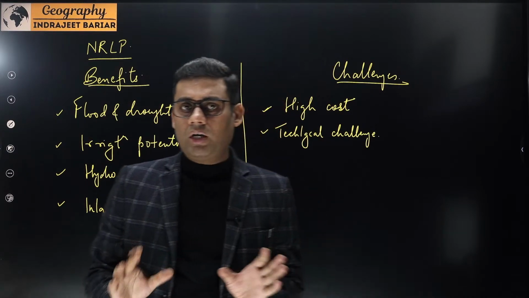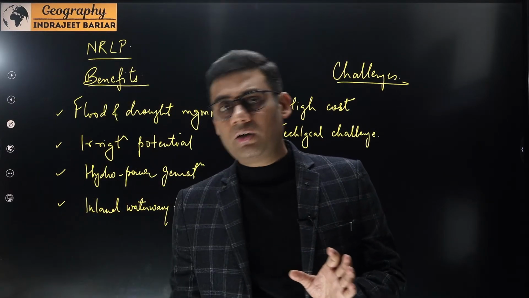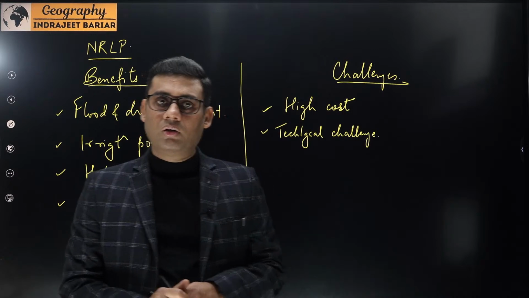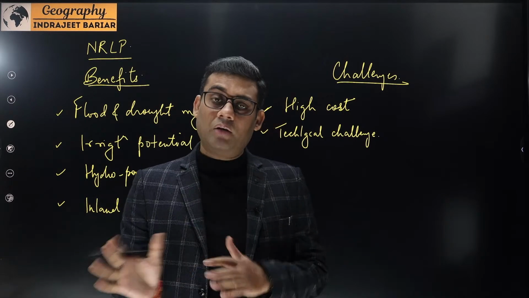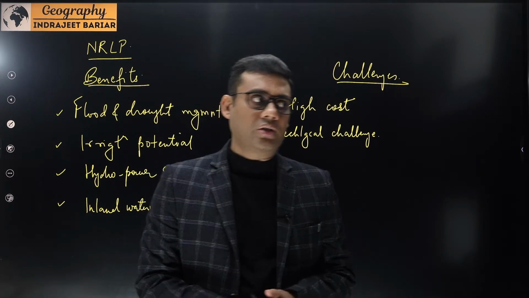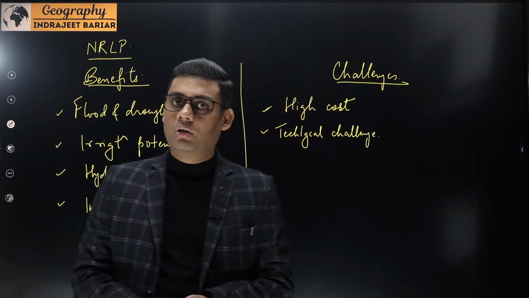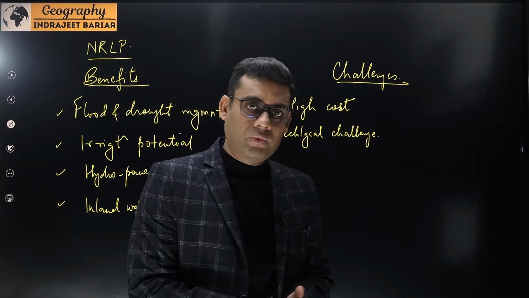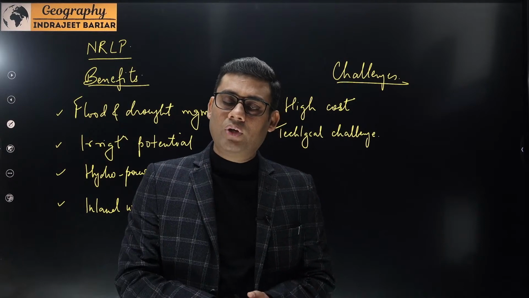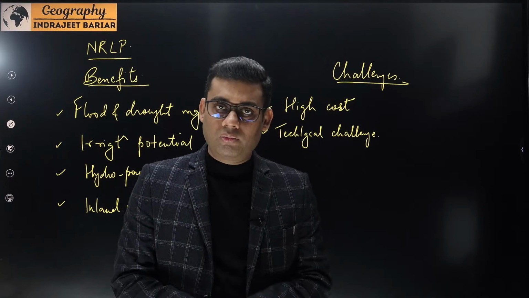If you have to transfer the water from one river basin to another river basin, which would be inter-basin transfer, in this case of inter-basin transfer, you will have to force the water to cross this water divide, in the case of which you will have to cut through the mountain.